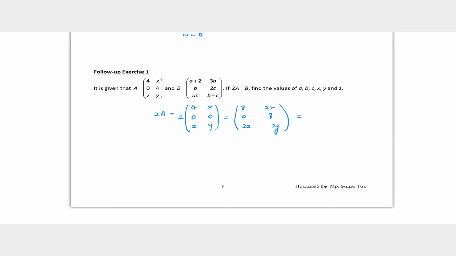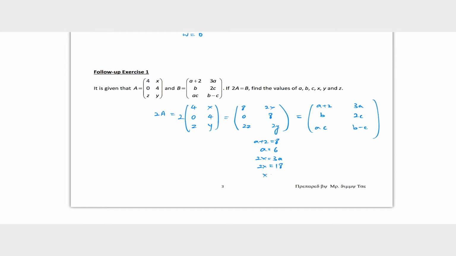This is equal to B: a plus 2, 3a, b, 2c, ac, and b minus c. Not very difficult to find a, because I know a plus 2 is equal to 8, so a is equal to 6. And 2x is equal to 3a, that means it is equal to 18.